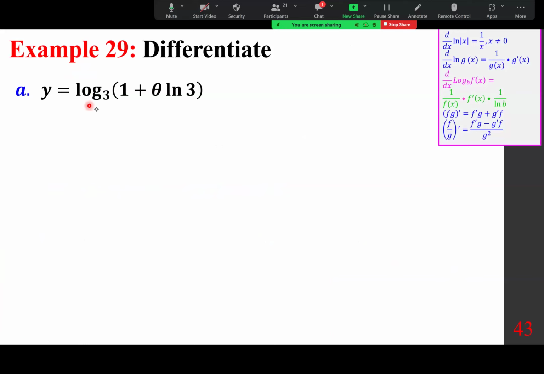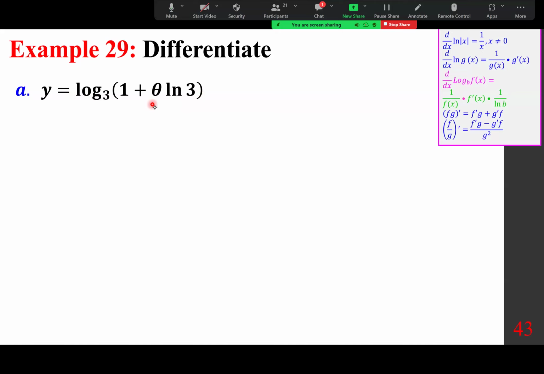Differentiate where y equals log base 3 of 1 plus theta ln 3. The first thing is, can I simplify the log using logarithmic properties?